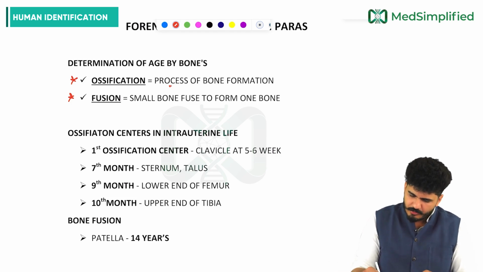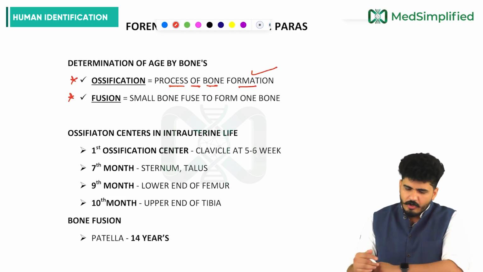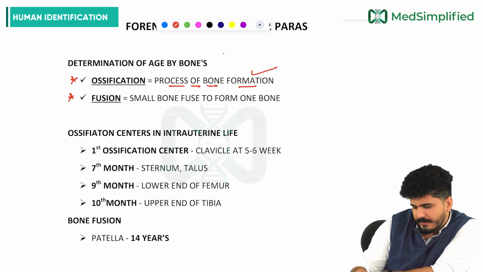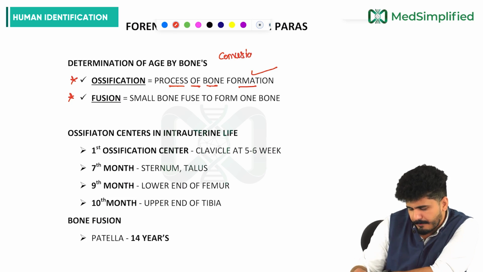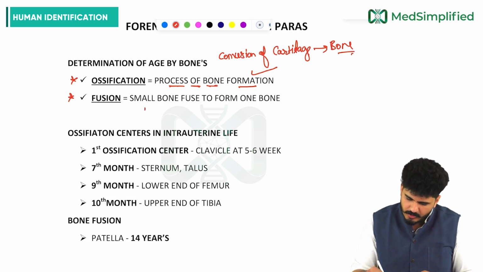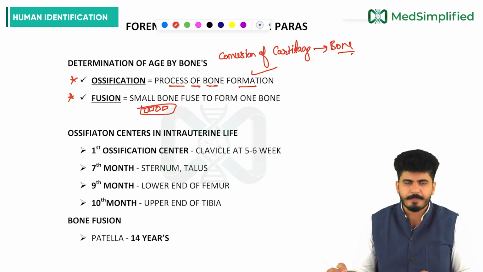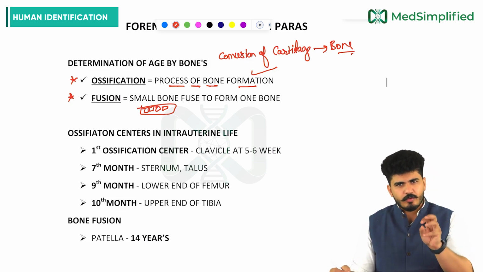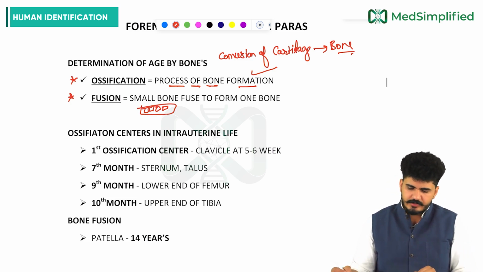Ossification is a process of bone formation, the conversion of cartilage into bone. Fusion is when small bones fuse together to form a single bone.